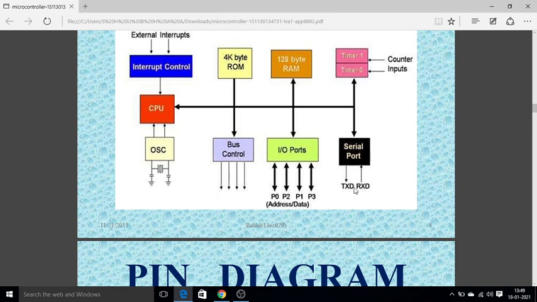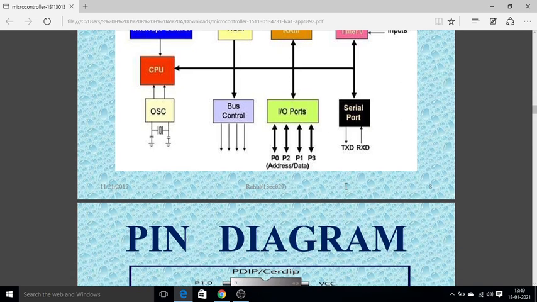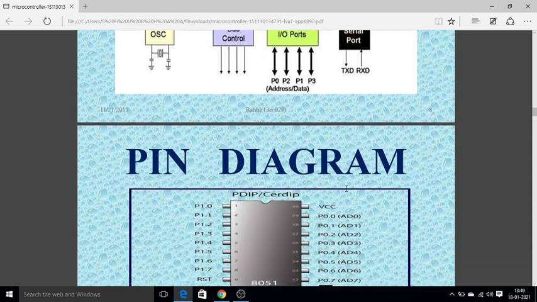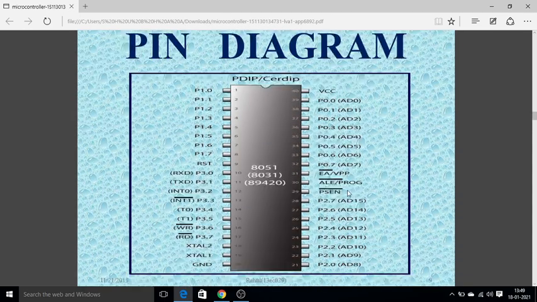Transmitter and receiver are used for transferring data between the peripherals and the 8051. Whenever it is taking data from the peripheral devices, the arrow is towards the serial port, and when it is giving data to the peripheral devices, the arrowhead is away from the serial port, so it allows two types of communication, transmission and reception.